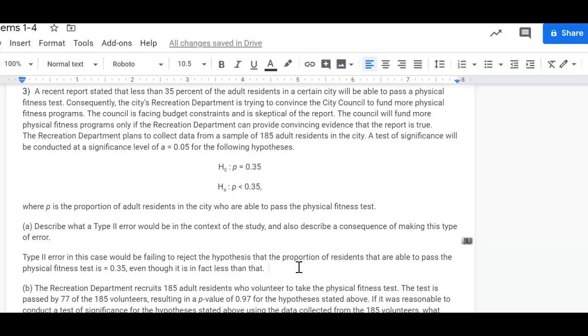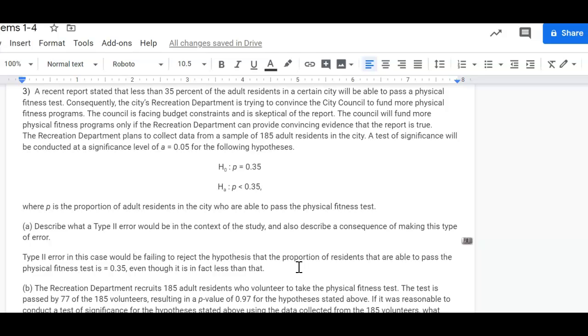So in this case, they wouldn't be able to reject the null hypothesis, meaning they didn't have enough evidence for the alternative. So basically, they didn't have enough evidence that the proportion of the city's population that can pass a fitness test is in fact less than 0.35. Therefore, they don't have evidence that they actually need the funding.